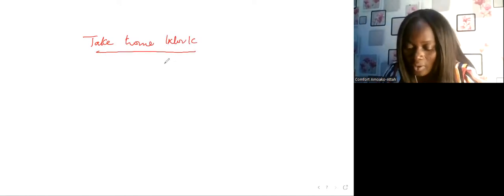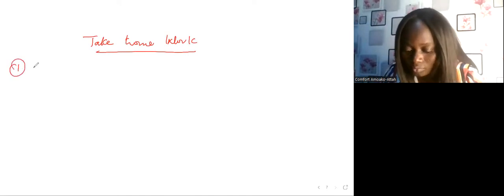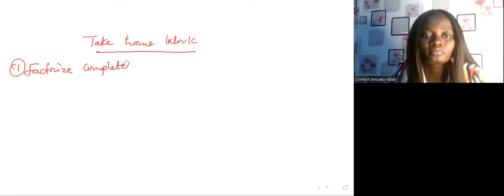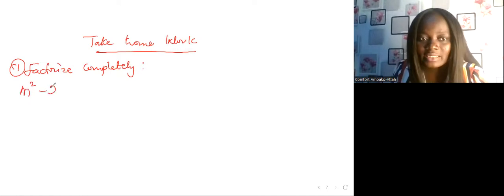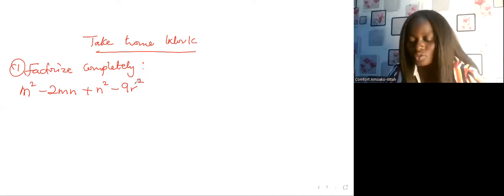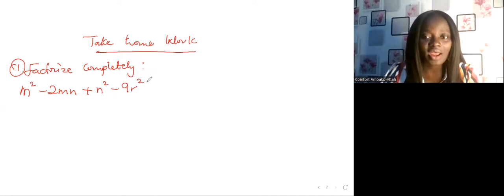The first I'll give you is to factorize completely: m squared minus 2mn plus n squared minus 9r squared. Great. So this is your homework.